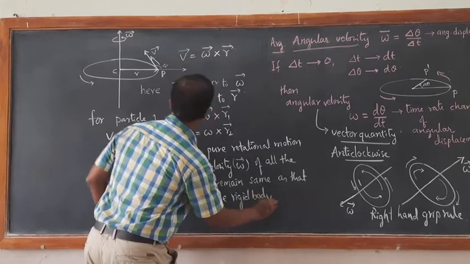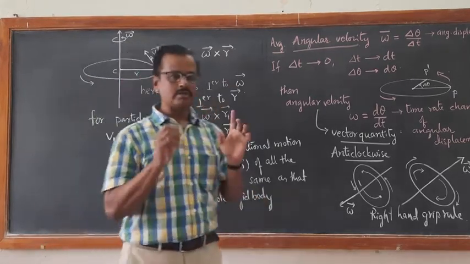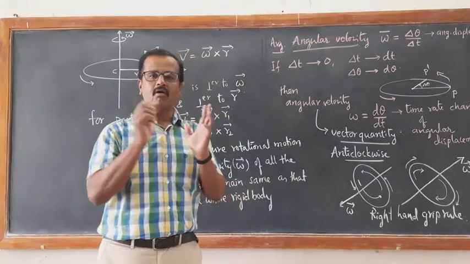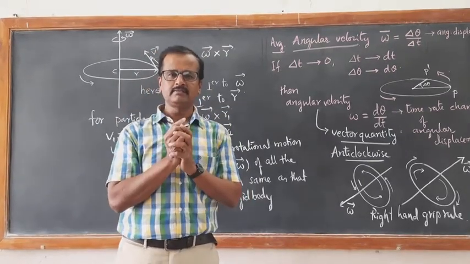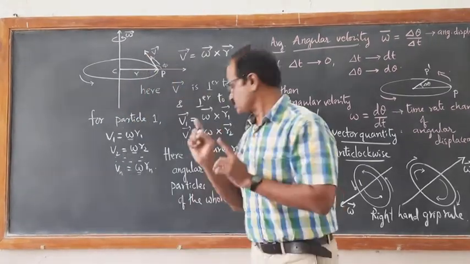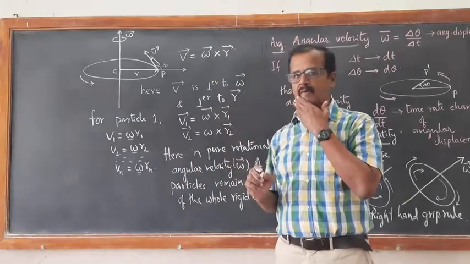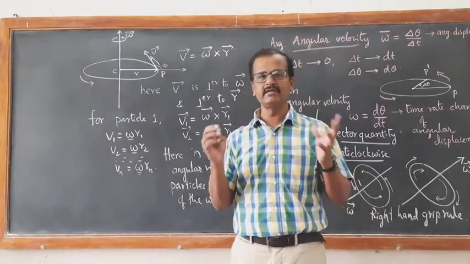The whole rigid body itself is undergoing constant angular velocity omega. Then all the particles of that rigid body will have the same constant angular velocity omega, but their linear velocities differ.